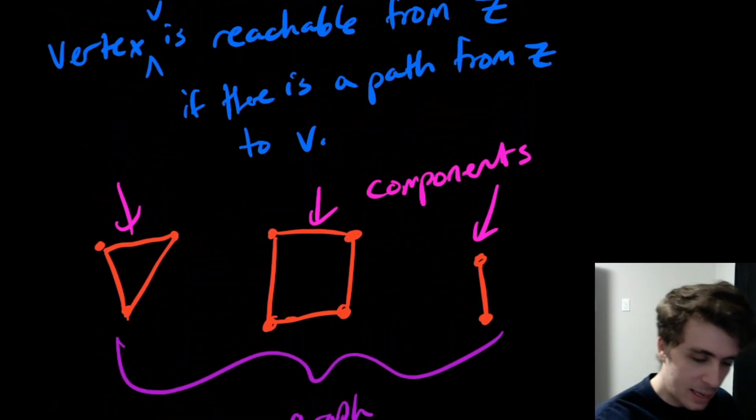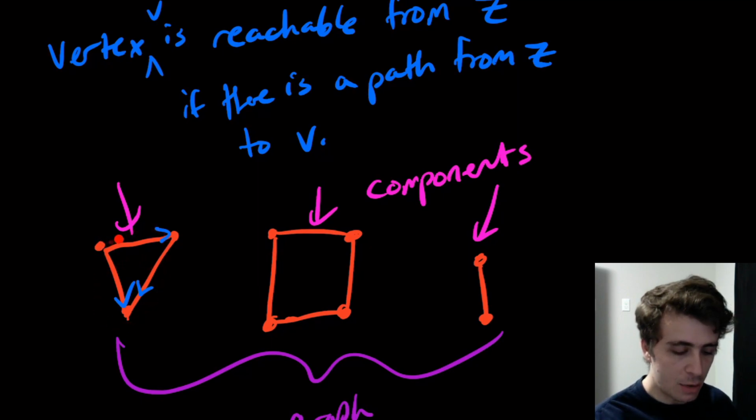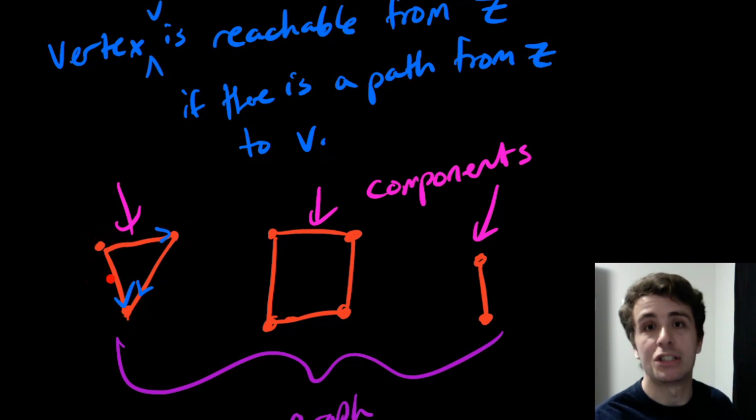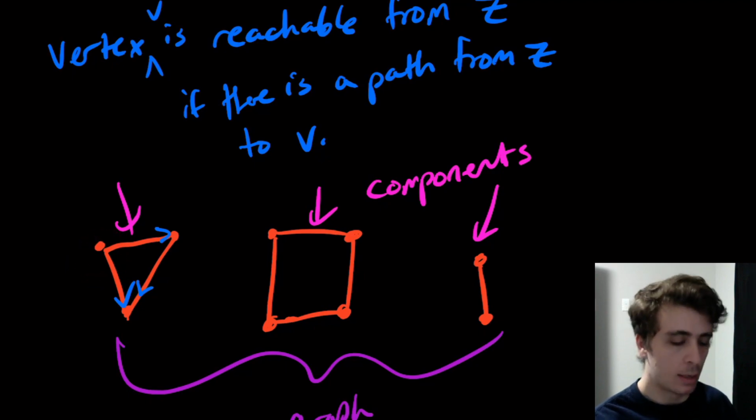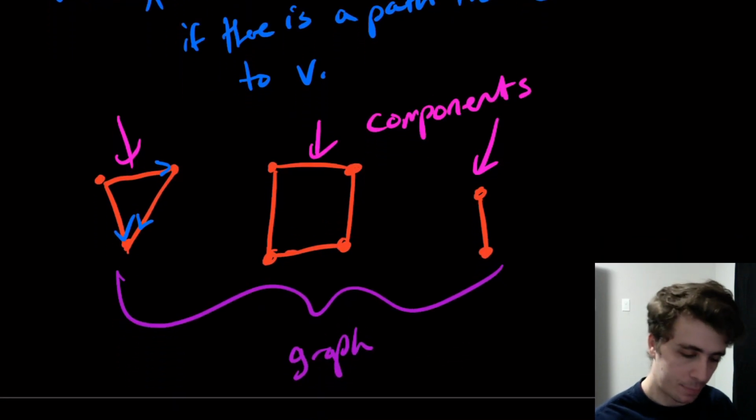So like over here, if I had a graph that looks like this, and I put the directions like this, then this vertex can reach these two over here. This one can reach this one. But this one right here is not reachable from anyone else. So this would be a weakly connected component.